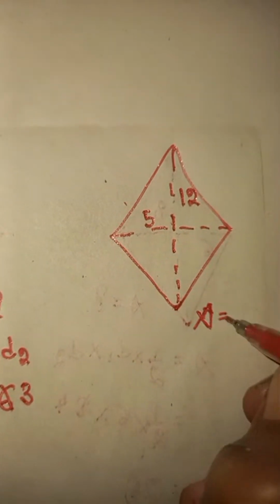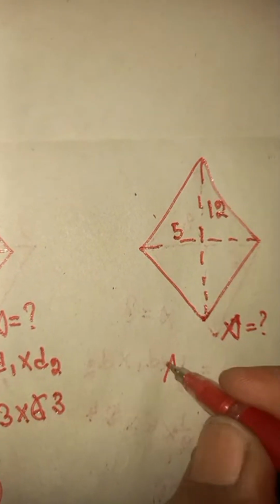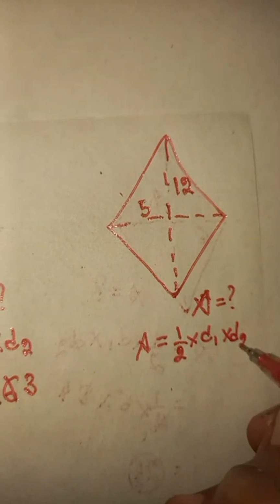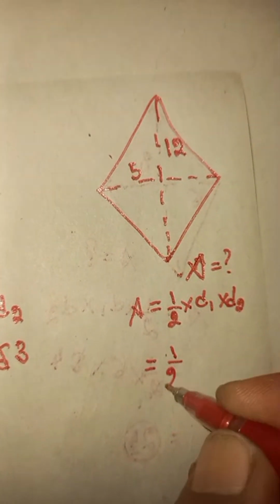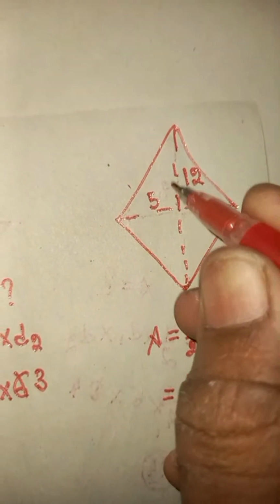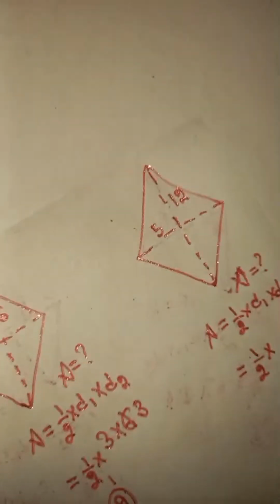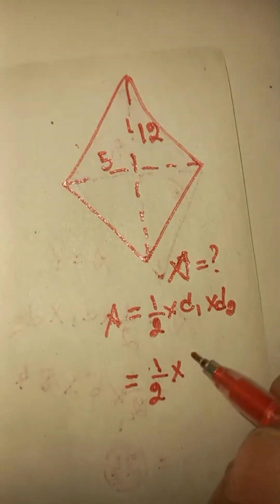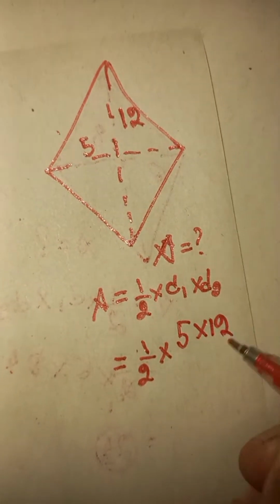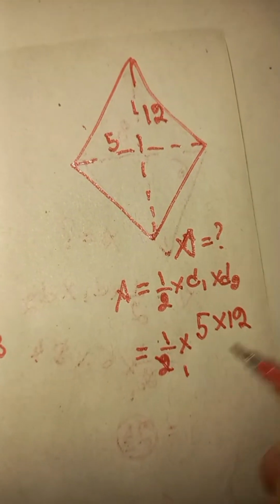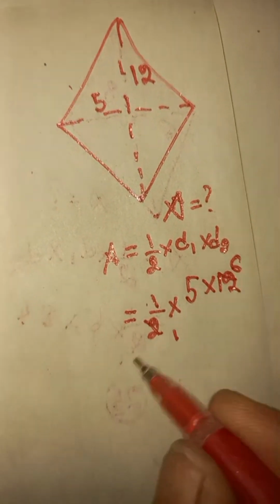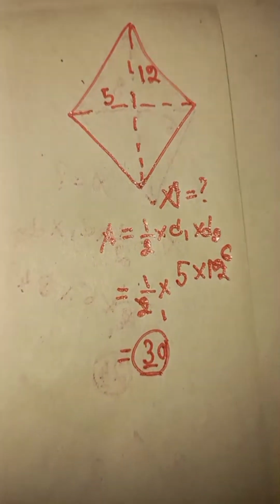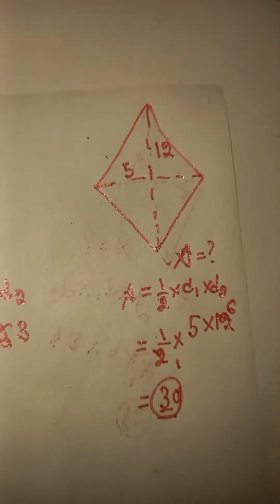Area of the kite is half times diagonal 1 times diagonal 2, which gives rise to half times diagonal 1, which is 5 units, times diagonal 2, which is going to be 12 units. 5 times 12. Now you can divide 2, 1 times 2, 6 times is 12. 5 times 6 is 30. 30 square units is the area of this kite.